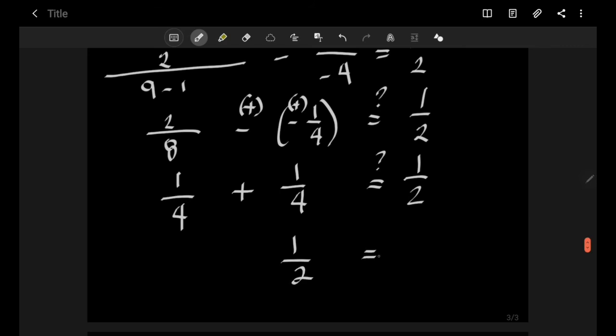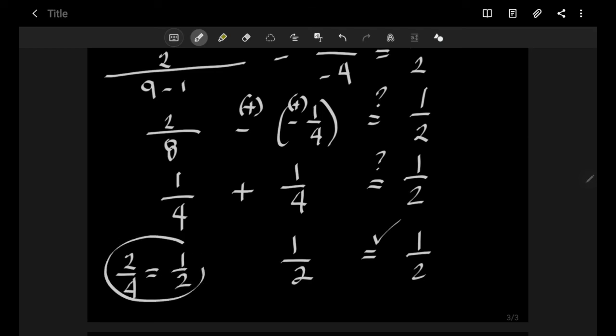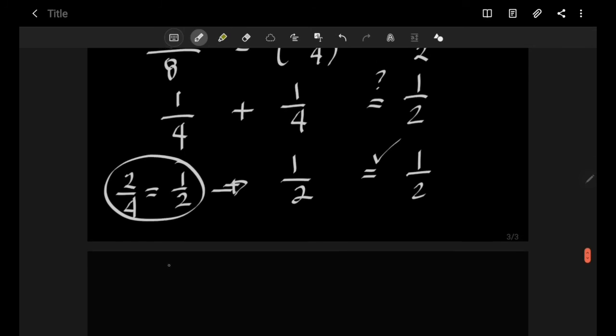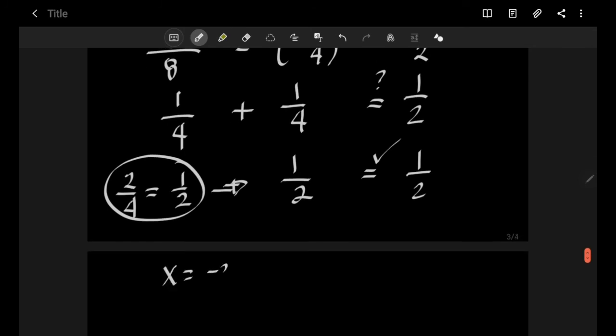If yes, the solution is valid. Your solution is correct because 1/4 plus 1/4, that is equal to 2 all over 4. 2 all over 4, that is also equal to 1/2. Okay. So, therefore, x is equals to negative 3 is a valid solution.